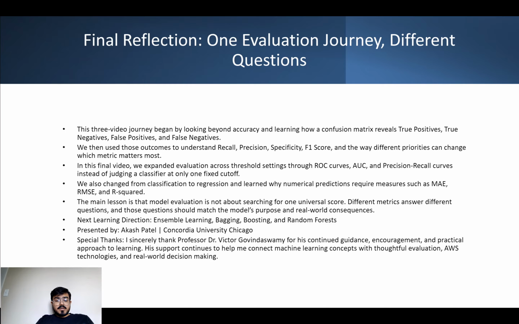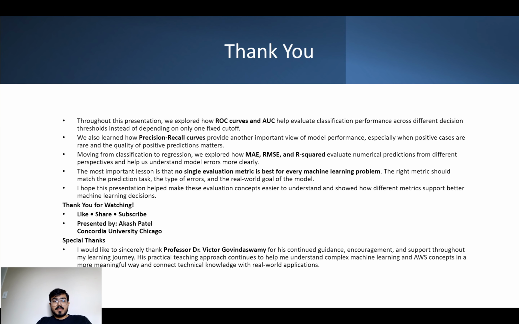As we continue learning machine learning, these evaluation techniques will help us compare models more effectively and make better decisions when developing real world AI systems. So this brings us to the end of my presentation. Throughout these three videos, we explored a complete journey of machine learning model evaluation. We started with understanding the confusion matrix.